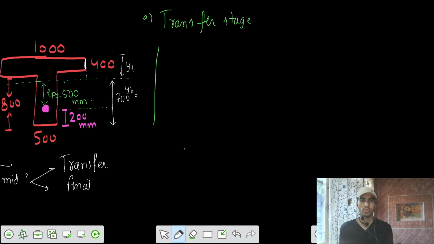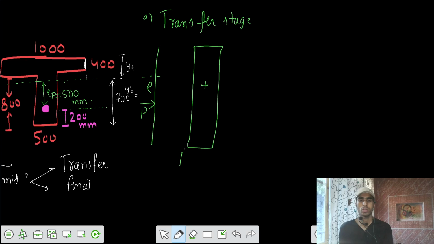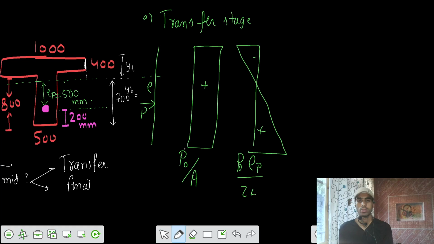There is some section on which we are applying a pre-stress force of P at some eccentricity of E. So I have to solve for those stresses. First, throughout the fibers we have a constant stress of P0 by the cross-section area. Second, top tensile, bottom compressive, because of the hogging moment from P into E. So P into E: negative P0 EP by Z top, positive P0 EP by Z bottom.